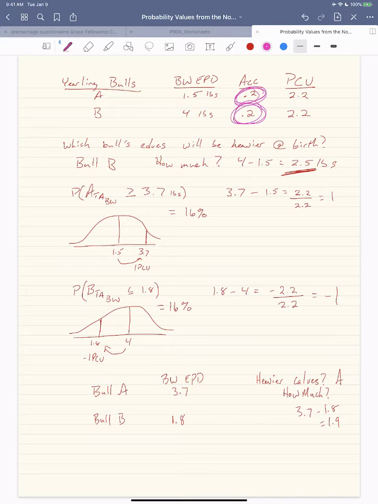Also, remember in the beginning, I did say that these were yearling bulls. Yearling bulls don't have very much offspring because they're such young bulls, which is a reason why they have a low accuracy. And because there's not very many offspring, these estimates are subject to error. And the third thing is to remember what EPD is. An EPD is the expected progeny difference, which is just an estimate, what you expect. So these are the estimates of transmitting abilities. It's not 100% for sure that these are the actual birth weights of the bulls.